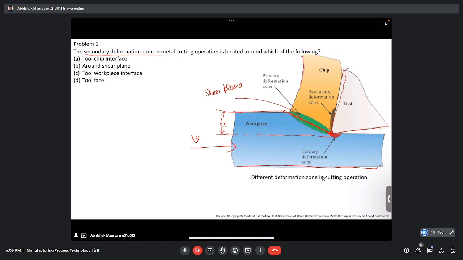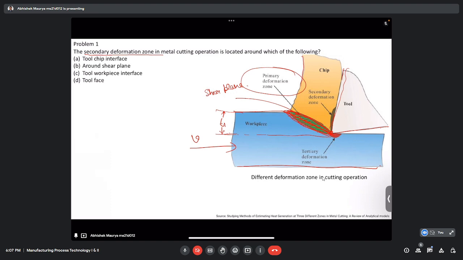In this zone, the majority of deformation takes place. This is the main zone responsible for the formation of the chips or shear deformation of the workpiece material, and it is called the primary deformation zone. The primary deformation is primarily because of the shear deformation happening inside the material.